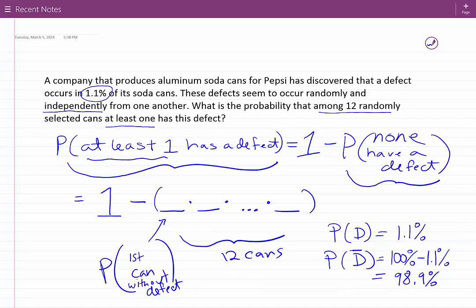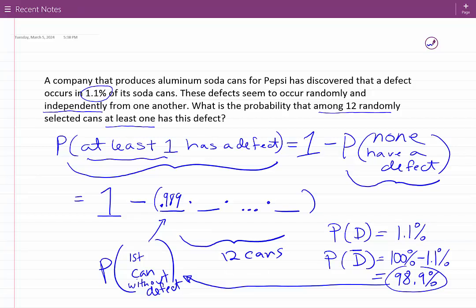Because of course, if you add 1.1% to that, you get back to 100%. So this is the probability that should go here, because that's the probability the can would not have a defect. I'm going to write it as a decimal when we put it into our position here for the probability space. And so that's the probability the first can we select is without defect.